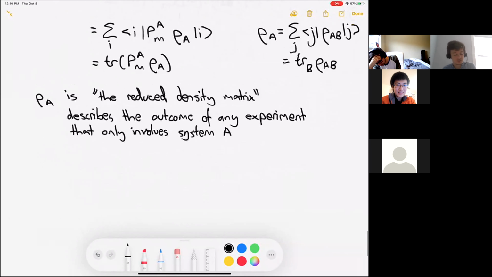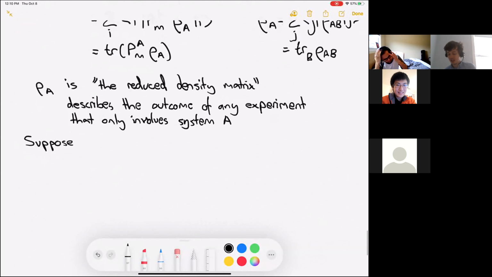Let's see this in action, and we'll see something very interesting that explains why we needed to be talking about density matrices in order to be able to restrict to system A without having problems.